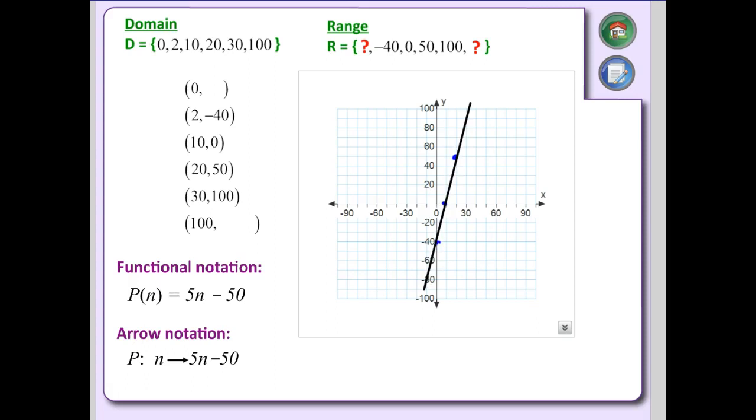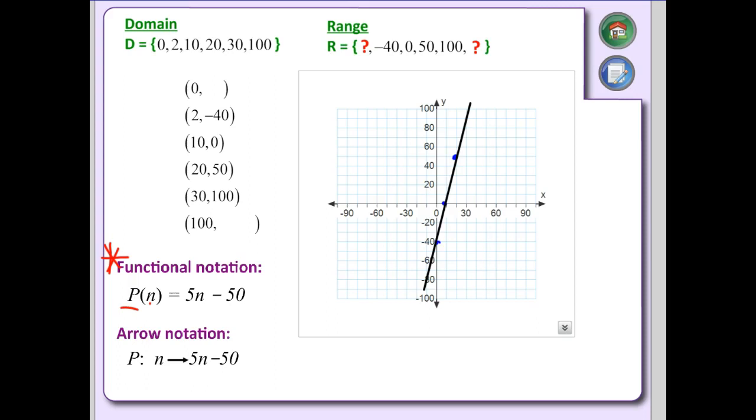Now, what we're really concerned about in section 8.7 is this idea of function notation. So, this is P of n. They're going to actually name our functions. They name them by giving them letters.